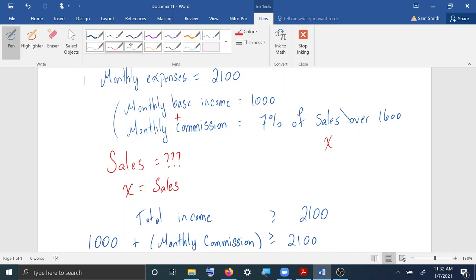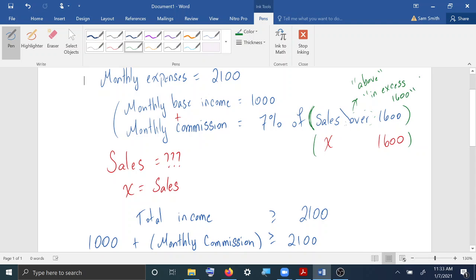Now I'll come up with an expression for the quantity sales over 1,600. Sales has been replaced by the letter X, and 1,600 is already mathematical since it's a number. So the question is, what mathematical symbol could I use to represent the word over? It may help to think of over as meaning sales above, or in excess of, 1,600.